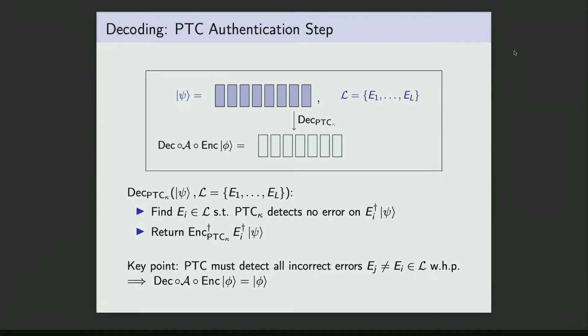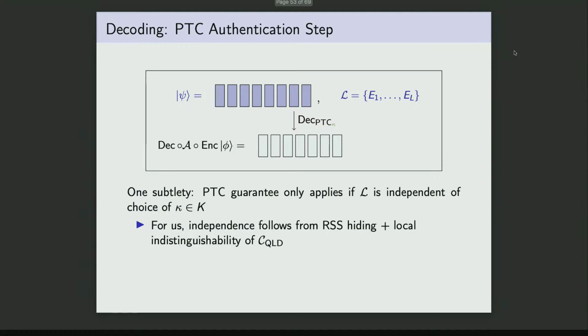And then we assume that's the true error and we invert it. Now, in general, by the definition of a PTC, it will, with high probability, detect all the extraneous errors in the list just by a union bound. But the one key point is that this guarantee only holds if the list is independent of the choice of secret key kappa.